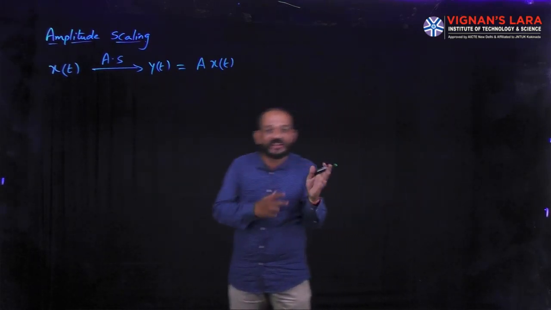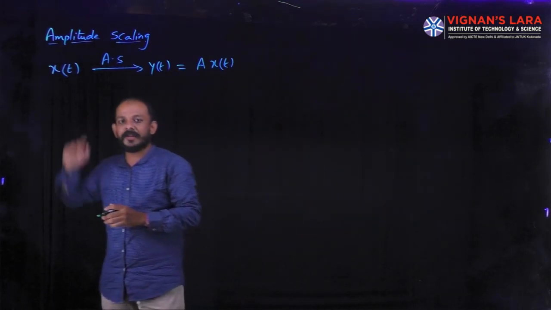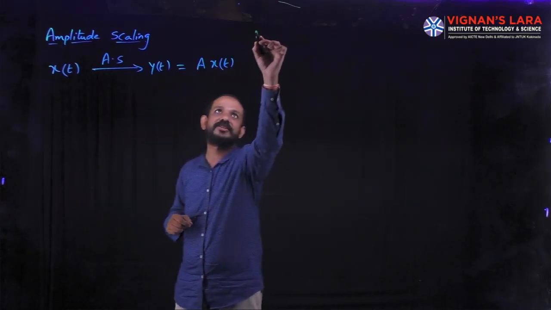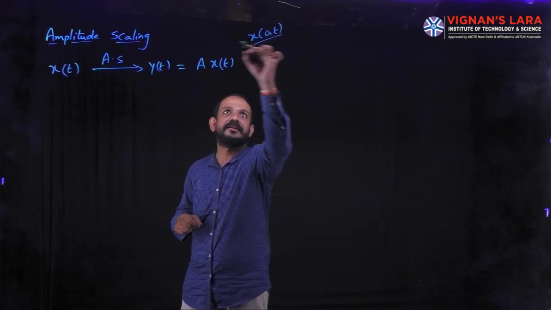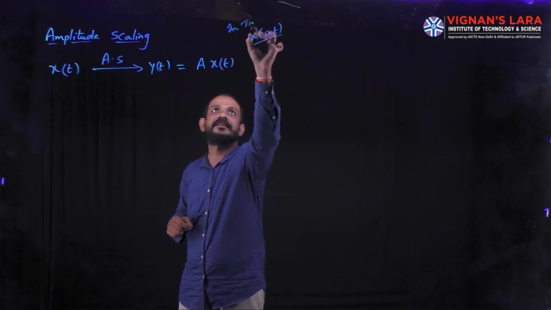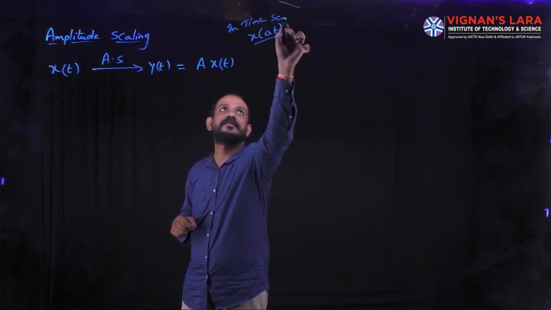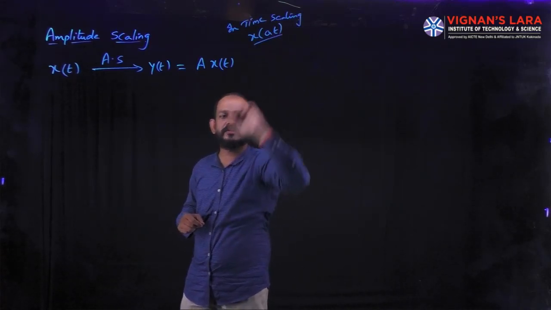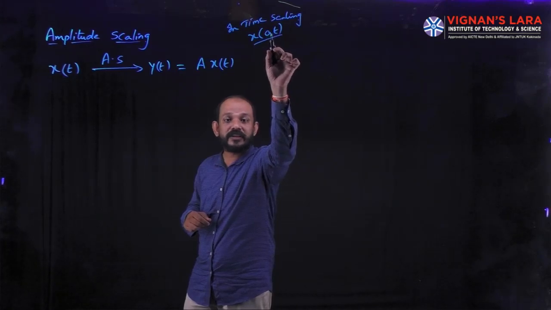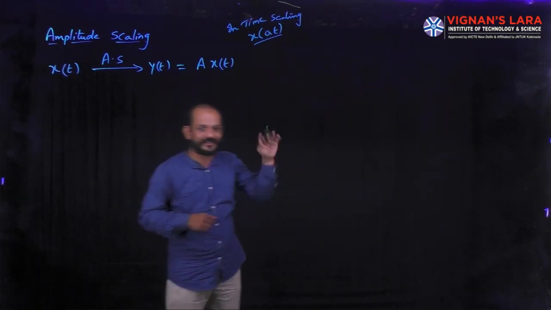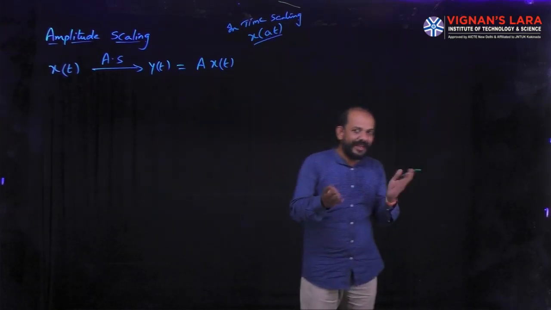That is, time will be scaled because there we will write like x of at in time scaling. There that a is multiplied to the t, which is inside x. Means the time will be scaled.